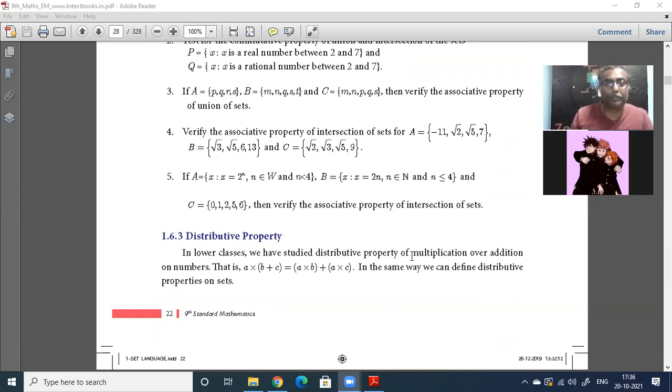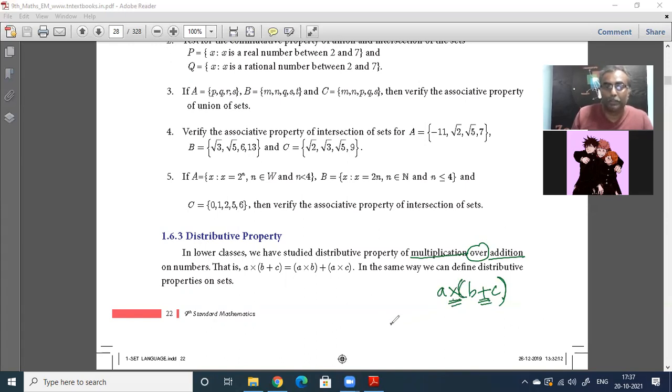Now let us do the distributive property. In lower classes we have studied the distributive property of multiplication over addition. Multiplication is at the front, addition is within the brackets, and multiplication is outside.